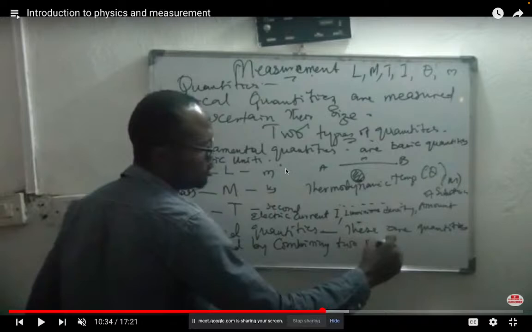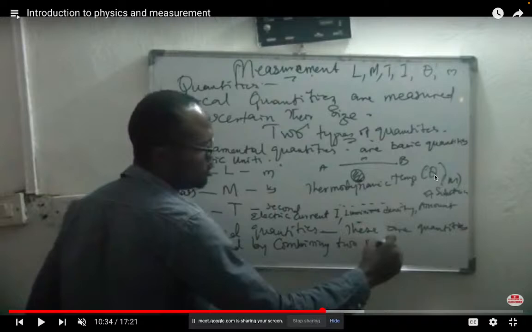So when JAMB asks you which of the following is not a fundamental quantity, they are going to have length, mass, time, then thermodynamic temperature, and they are going to put something like velocity. So you should know that velocity is not a fundamental quantity. So take note of the fundamental quantities that we have: length, mass, time, and thermodynamic temperature.